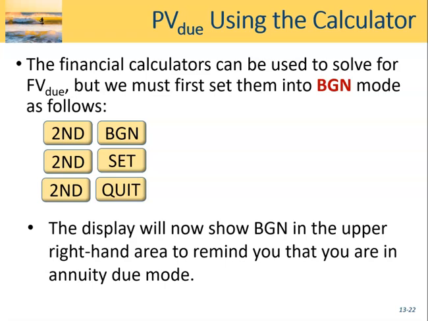On my phone, it does not show the BGN on my screen again. So I want to put it there. So I want second, the payment button, because that is the BGN. Second, set, which is above the enter, and that's showing BGN. Second, quit. Now the BGN is on my screen again, right above the zeros.